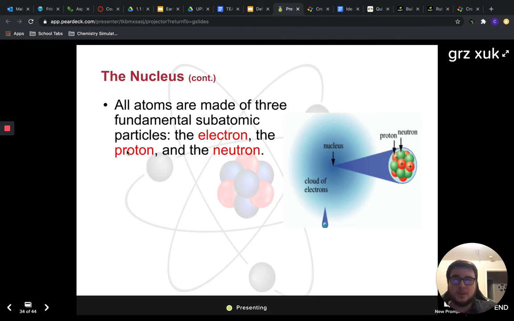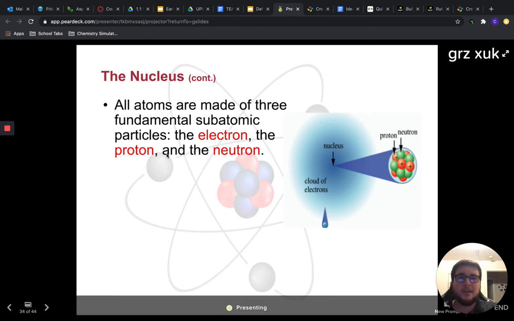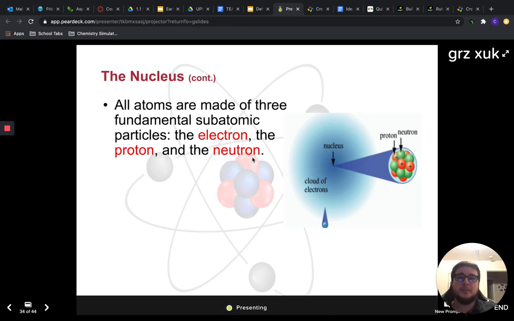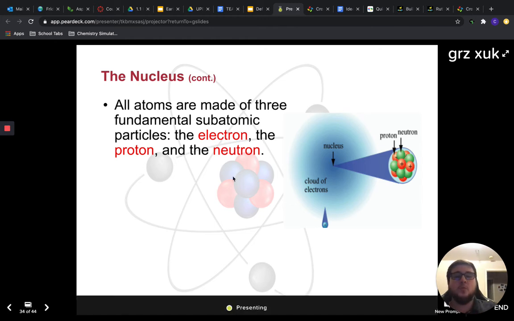The proton, which was discovered by Ernest Rutherford, has a positive charge and accounts for most of the mass or some of the mass of an atom. And then finally the neutron, which was discovered by James Chadwick and has a neutral zero charge and accounts for the rest of the mass of the atom. Okay, so those are your 3 subatomic particles.